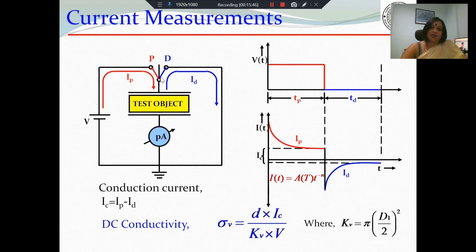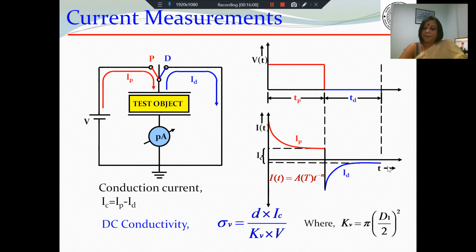Instead, you have a flip switch such that now this switch is closed, so the test object is now short circuited. And because the test object is short circuited, there will be a current ID, or the depolarization current, which will flow in this blue loop. So this is shown here. This is the depolarization time.